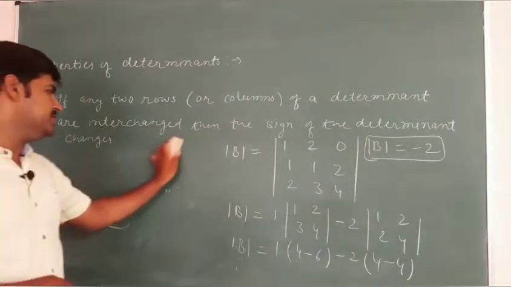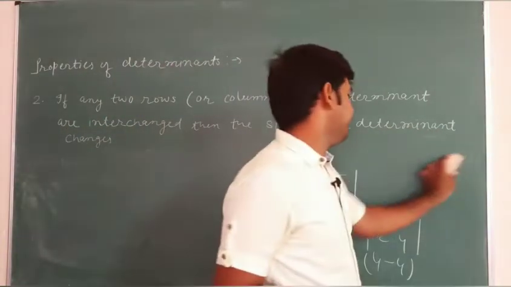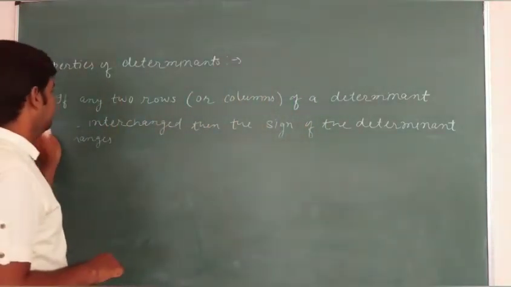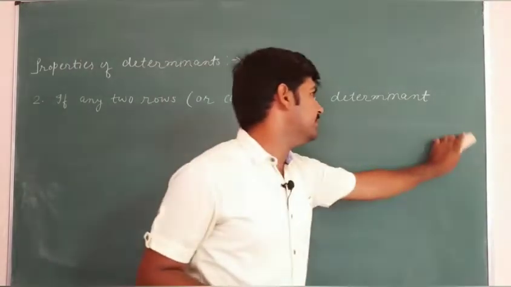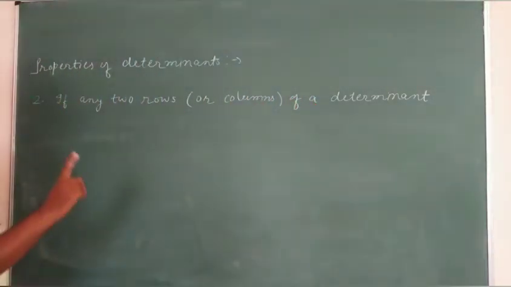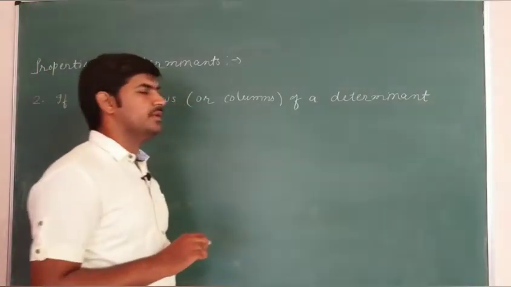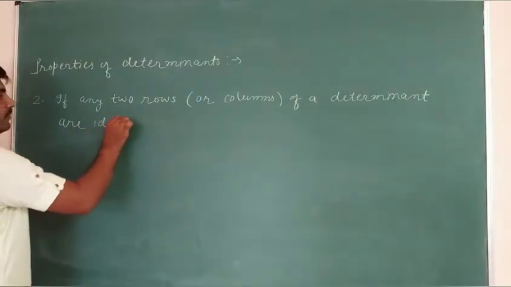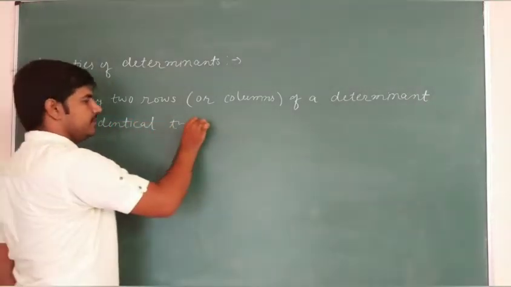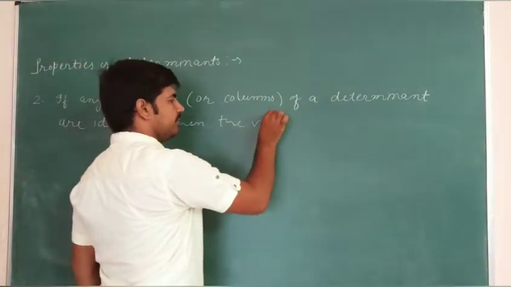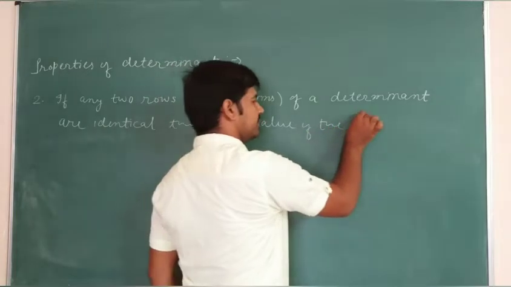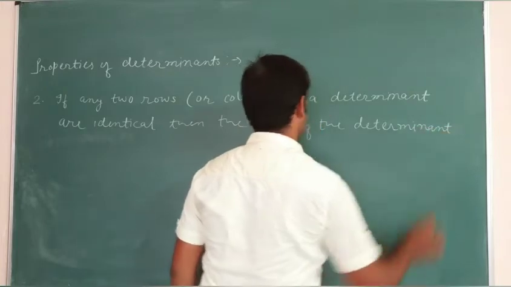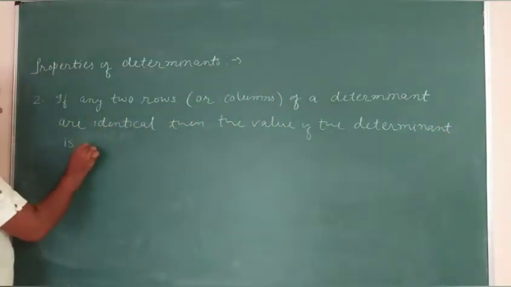Our next property, students, is, here I am writing, if any two rows or columns of a determinant are identical, then the value of the determinant is 0.